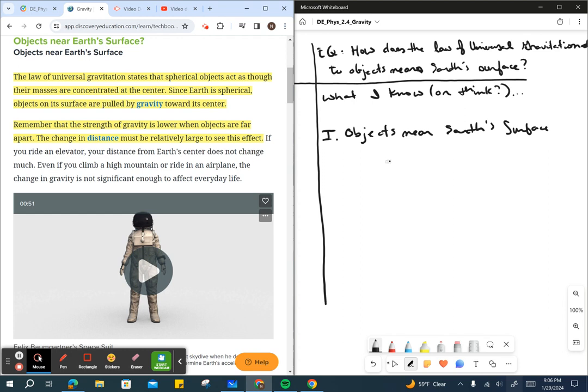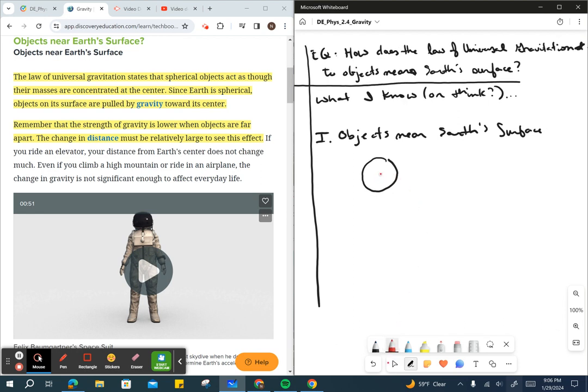So I guess we could draw that. A spherical object, gravity is going to be directed towards the center of the mass. Okay, the force of gravity is towards the center of the mass.